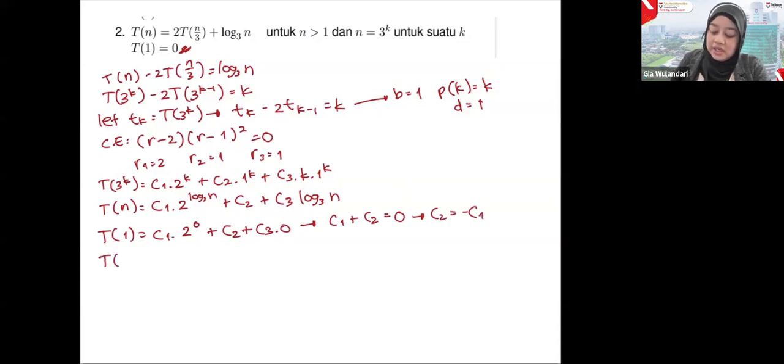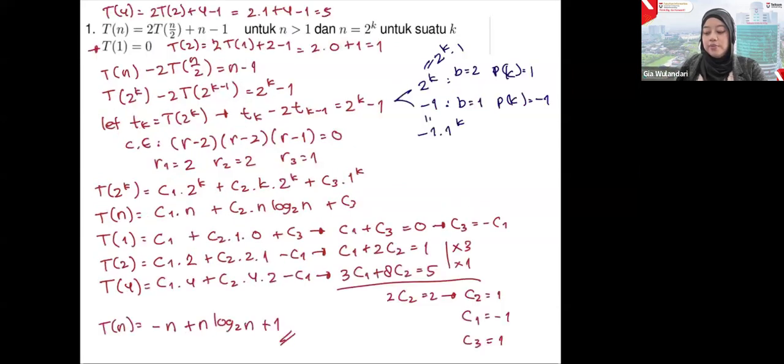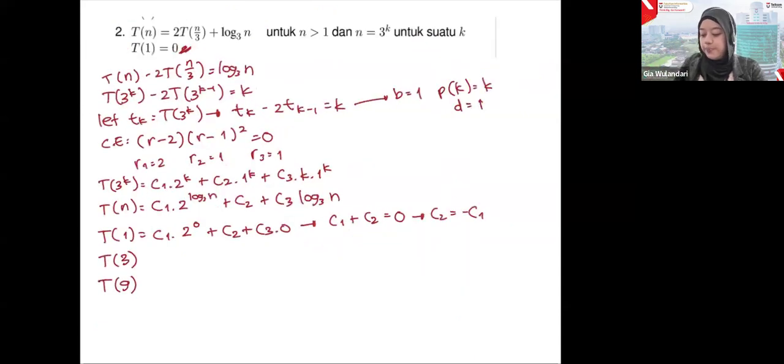And then the next one, because we assume n is equals to power of 3, then the next value we will use is T3. After that, we will use T9. Okay, so just use whatever we assume here. Because we assume n is power of 3, then it will be 3 to 0, 3 to 1, and then 3 to 2. The previous one, we use 2 to 0, 2 to 1, and then 2 to 2.